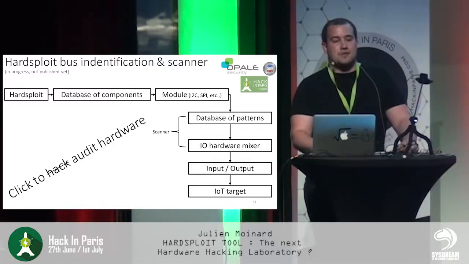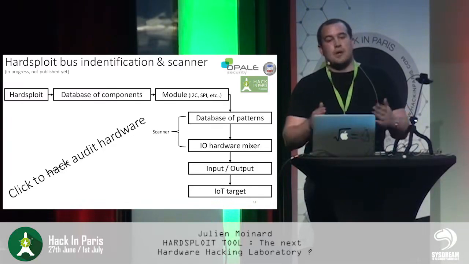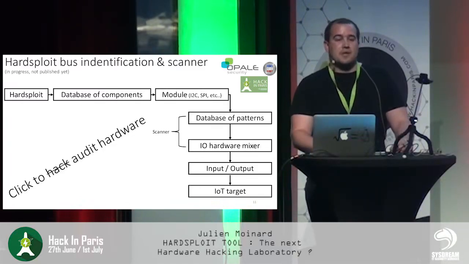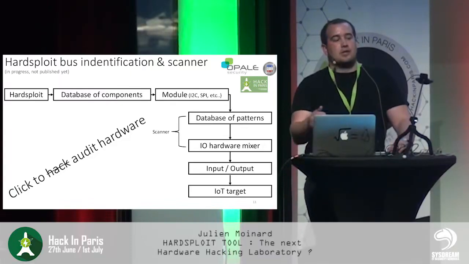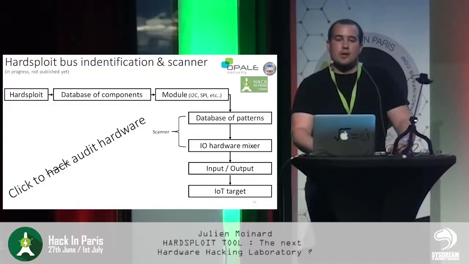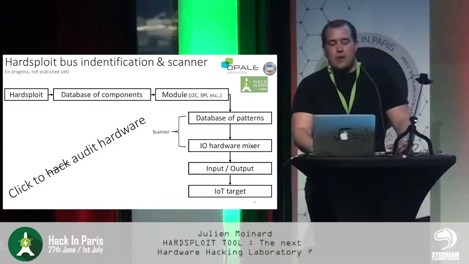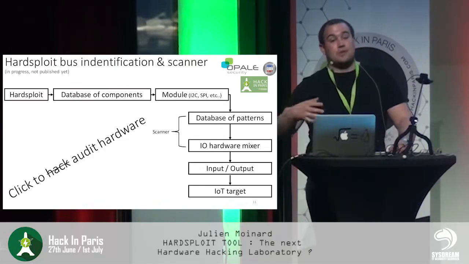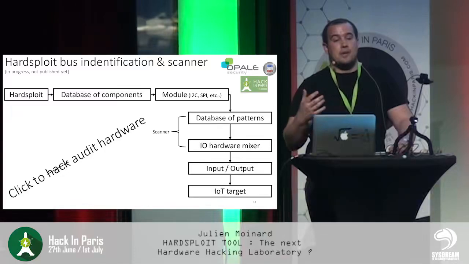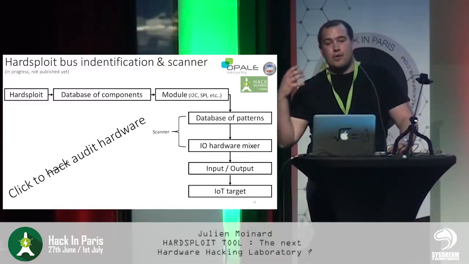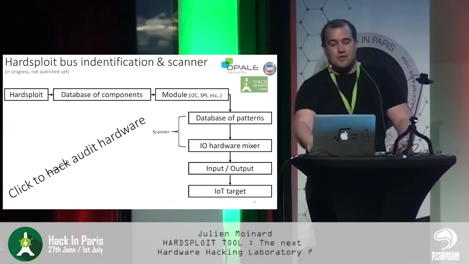So the goal of this module is to cross all the wires, and after that, you can obtain access without any information. For example, I put 8 pins on my system, I just click on the button, I take a coffee, and after that, I have root access to a firmware. Of course, it depends if it's a protected firmware, but in that case, it's easy for you. And we want to add some sort of scanner, but we need to implement it and add a lot of things inside the database for that.